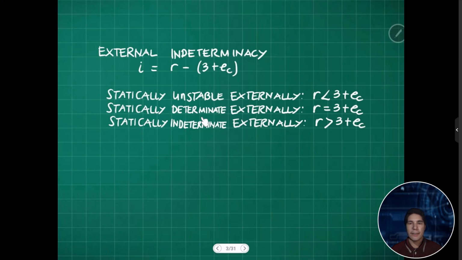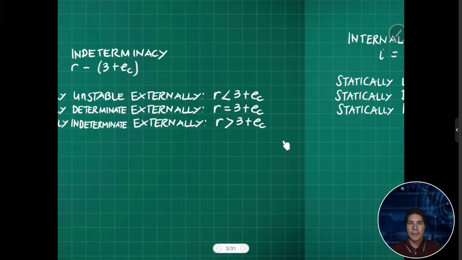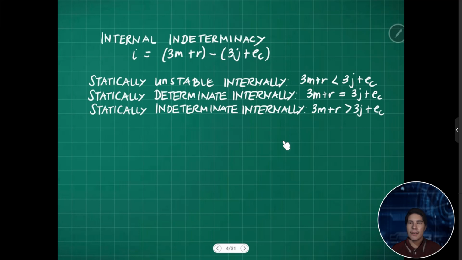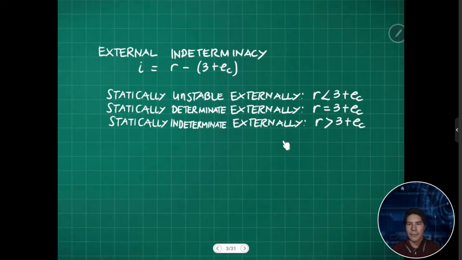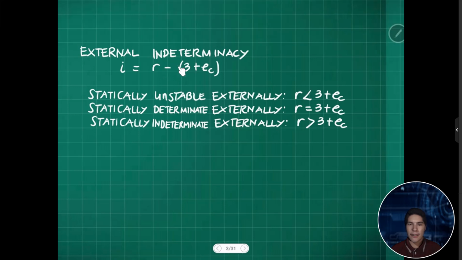So we have two formulas in solving for the degree of indeterminacy. One is for external and the second one is for internal. The difference between the two: for external, the formula only contains R, pertaining to the support reactions.